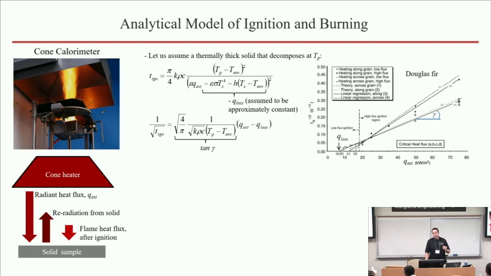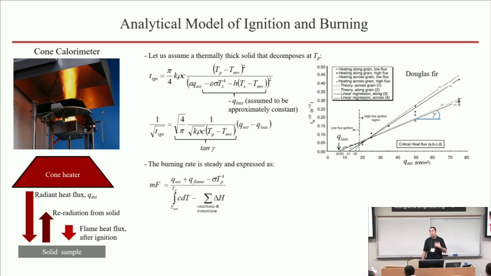Now, if you assume, and it's a significant simplifying assumption, that the burning rate that occurs after the ignition is approximately steady, then the value of this burning rate, which I have defined as m_f, typically expressed in kilograms per meter squared per second, so it's a flux of gaseous volatiles through the surface, can be determined as the net heat flux through the surface.